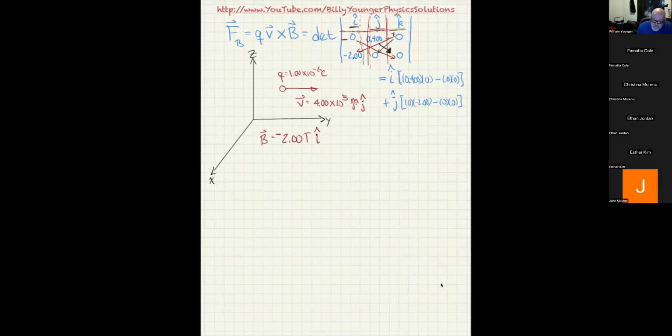And this one means I got to get rid of this column and this row. Okay. So I'll put plus K hat, and I'll put the square bracket. Now I've just got the bottom left-hand 4.